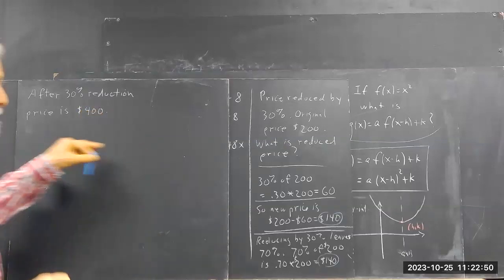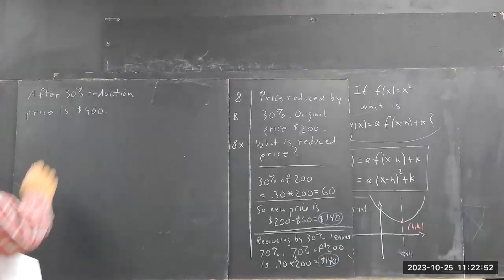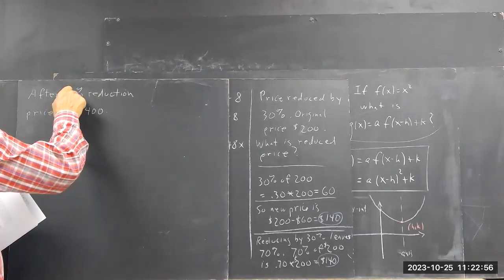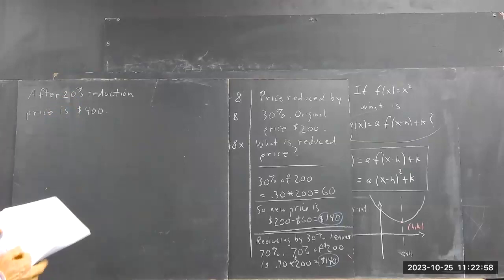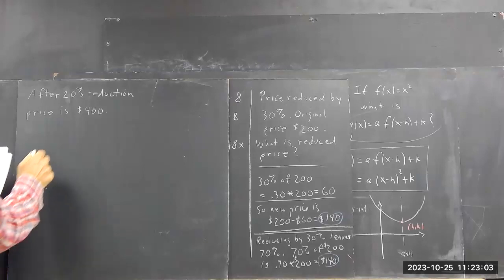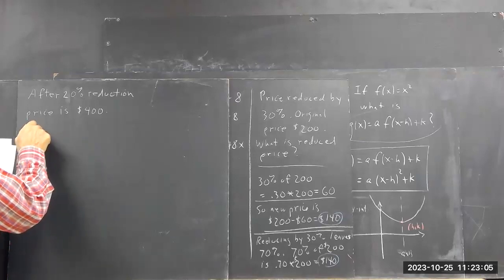Now this is a different problem than this, so I'm going to use different numbers. And I probably don't want to use a 30% reduction. I'm going to use a 20% reduction. Okay, after 20% reduction, the price is $400. What was the original price?